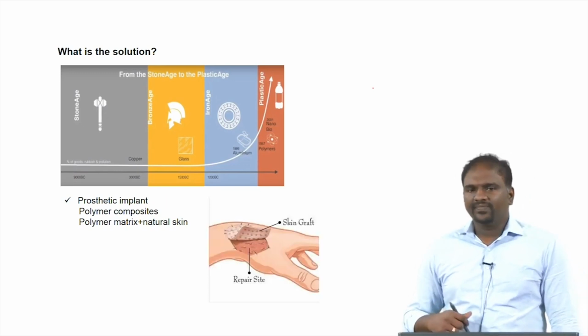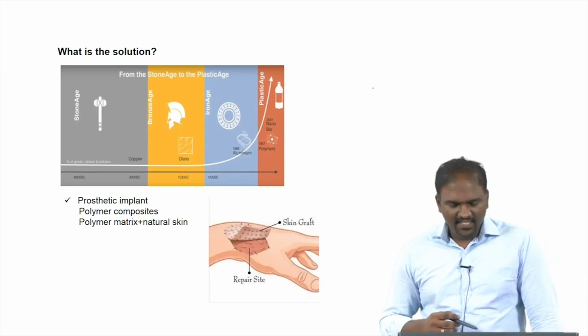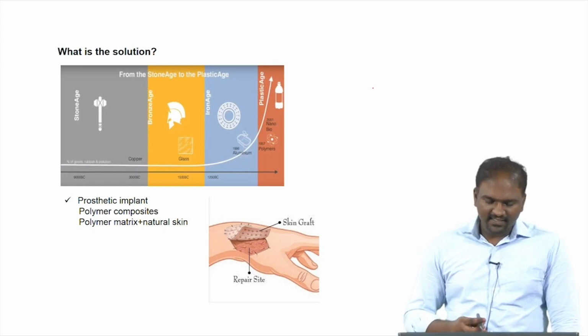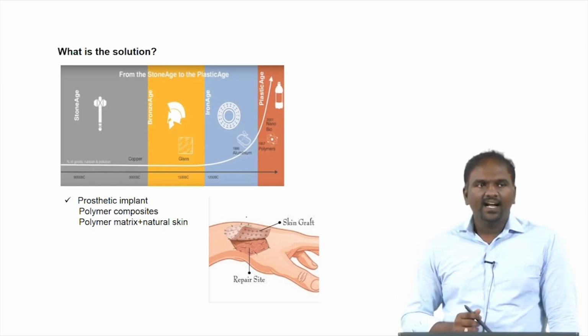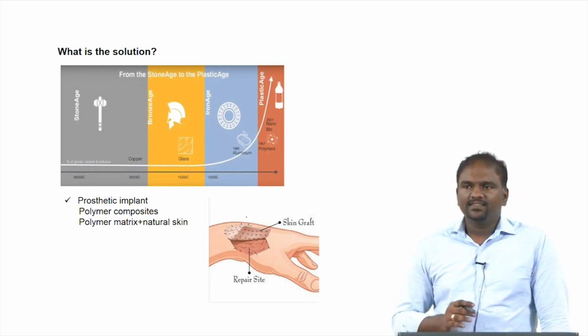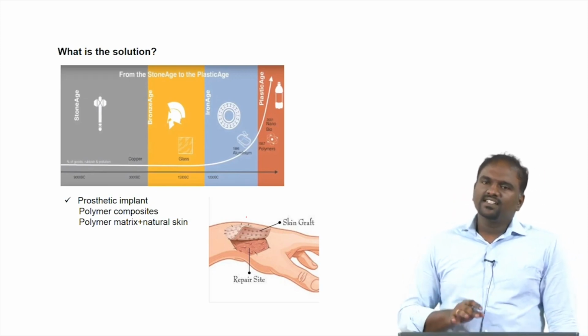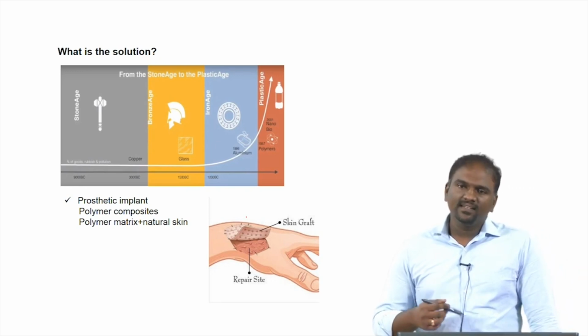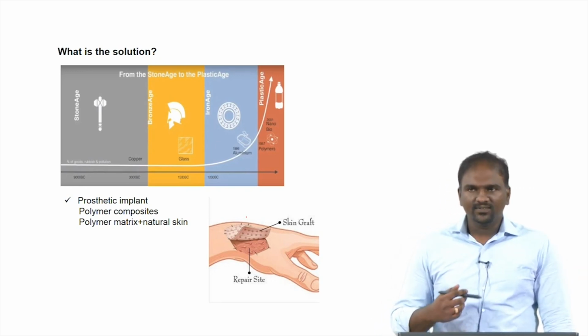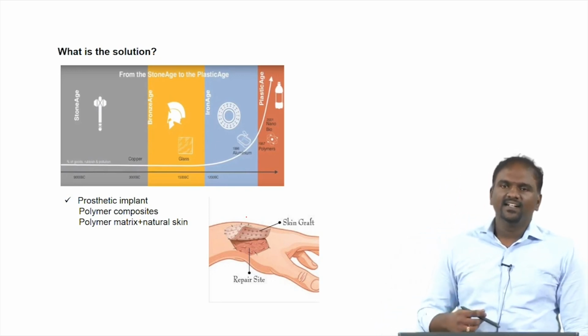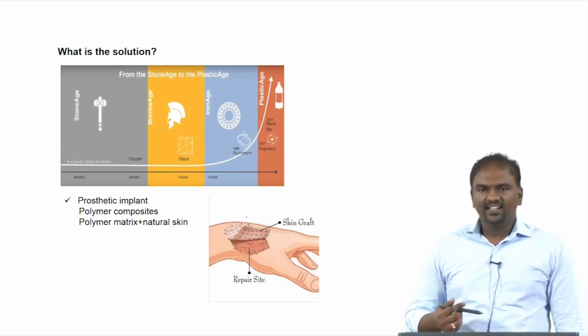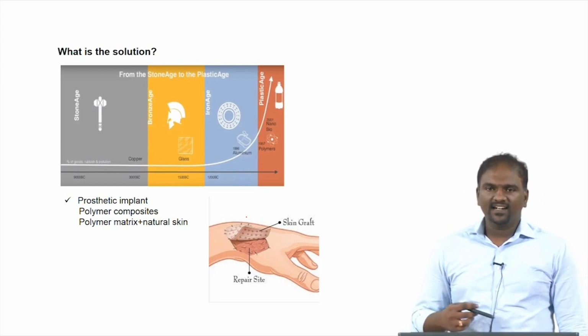So, this is how it will work. Consider this is our skin graft, and it is placed into the wound bed. Once it is placed, it will be stitched, or they will do some dressing. Then once the dressing is completed, obviously wound healing will occur and form the normal skin.